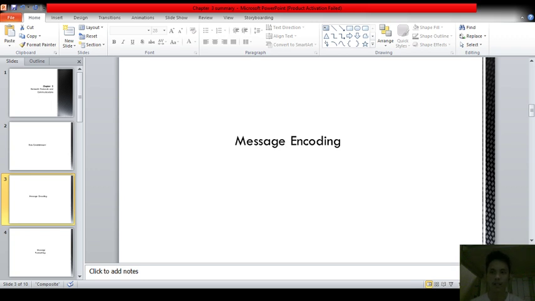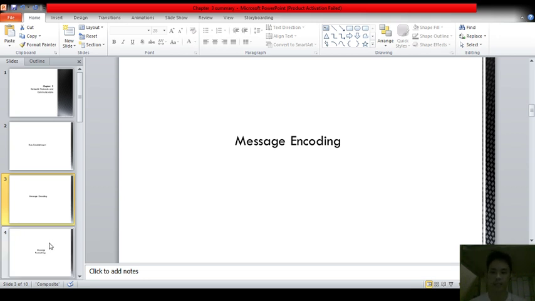Decoding reverses this process in order to interpret the information. So in this first step, we convert the information into another acceptable form, and the receiver will decode the information in order to understand or interpret the information that we converted.